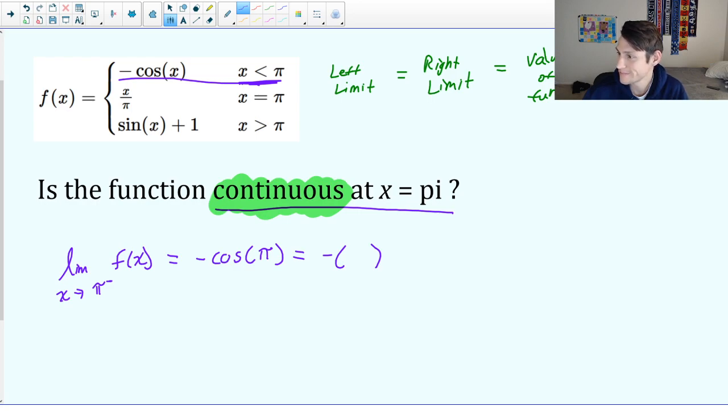Nothing? I'm sad. -1. So, the left-hand limit is +1.